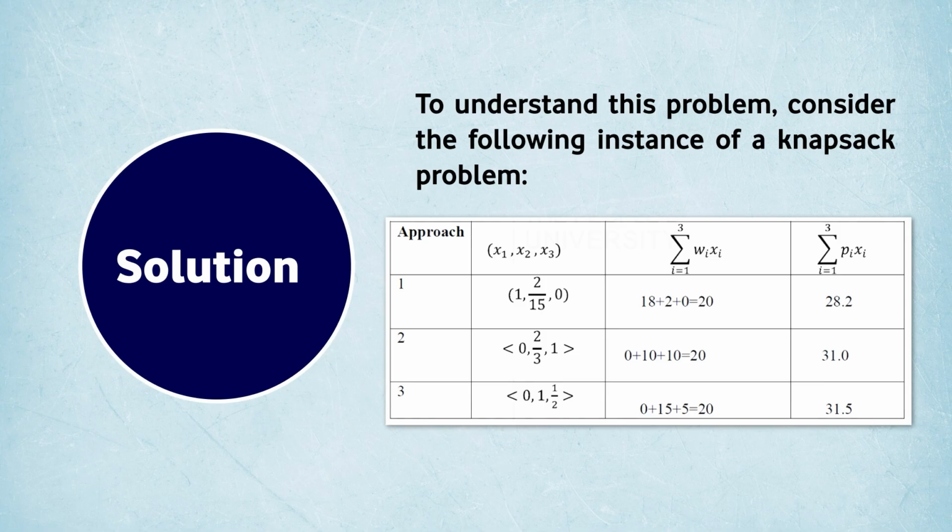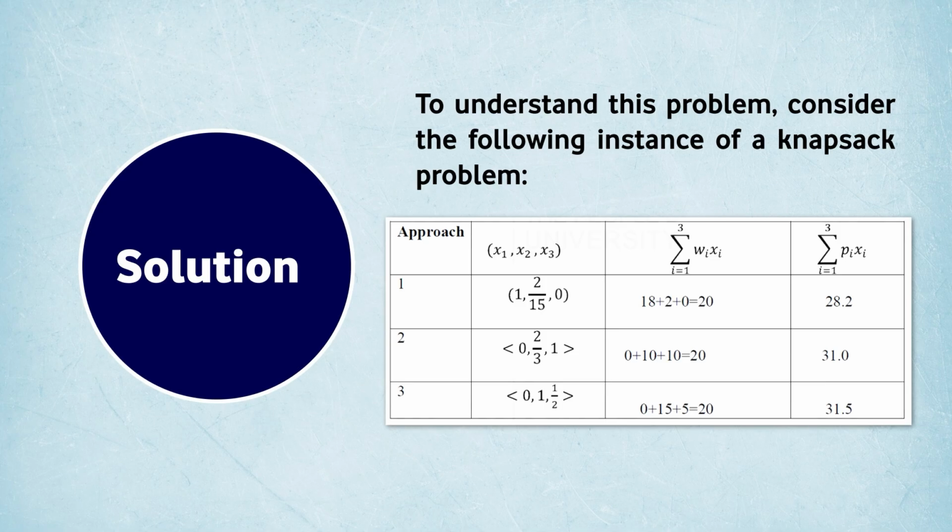So what you do is take only 2 of the weight and calculate the fraction of it. 15 parts of item 2 will give you a profit of 24. So we are not adding 15 parts, we are only adding 2 by 15 parts of the item, which uses the 2 capacity remaining in the knapsack.